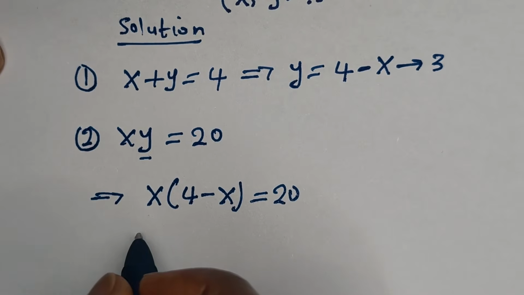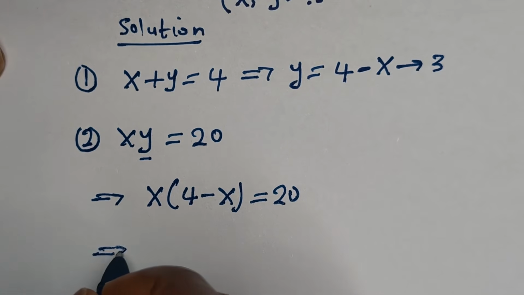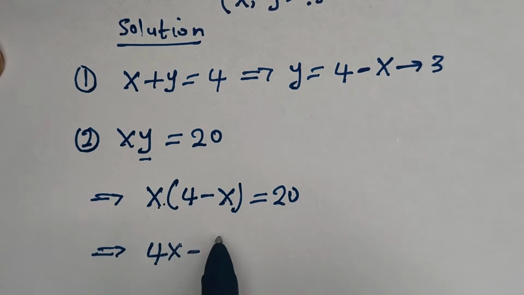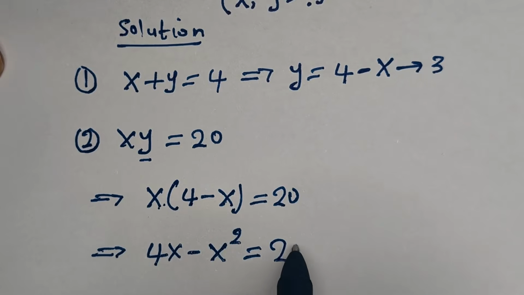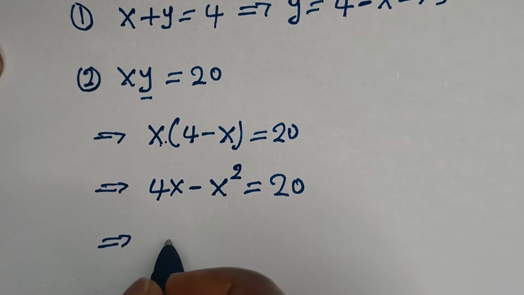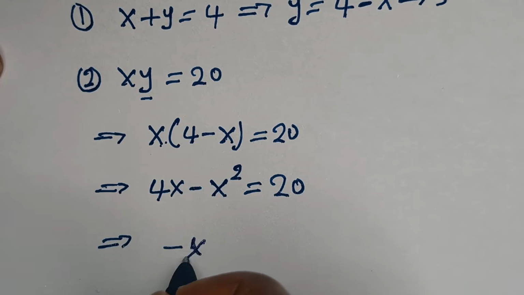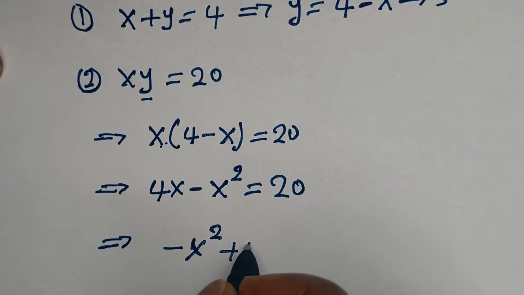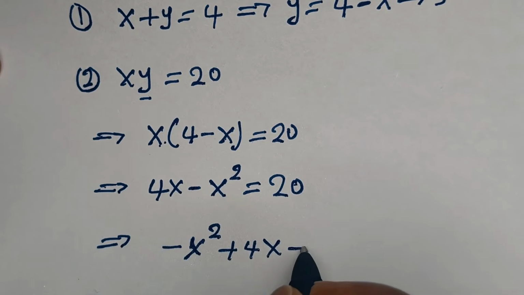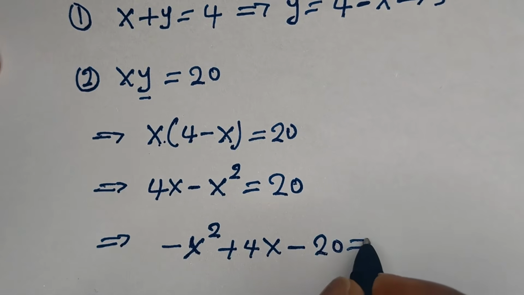Let's open the bracket. s multiplied by 4, this is 4s, minus s multiplied by s, s squared, is equal to 20. Minus s squared plus 4s. If you take this to this side, it becomes minus 20 is equal to 0.